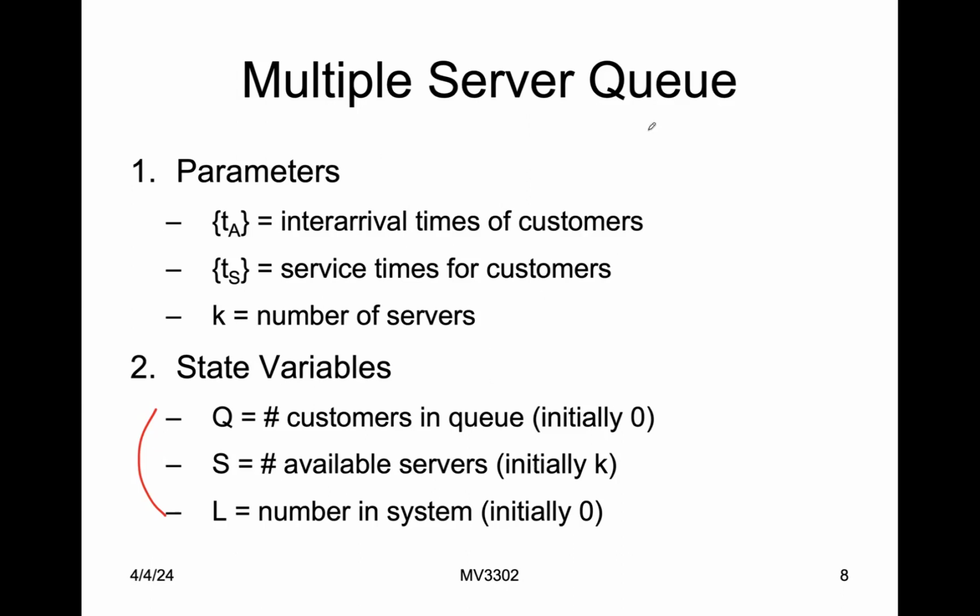Actually, what I want to do instead of this, because this is a derived value, is define another one, I'll call it N, and this is going to be the number served, initially 0. Instead of the number in the system, I can always get that if I know Q and S, but I don't know how many I've served, so I'm going to add that as a state variable.